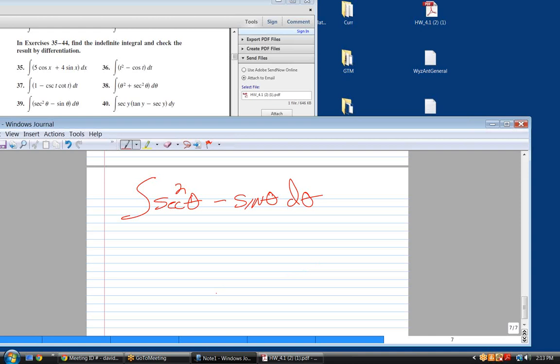So then we get the tangent theta again, and for sine we get, so that's plus cosine theta, right? Exactly. The sine, okay. I think I get the sine now.